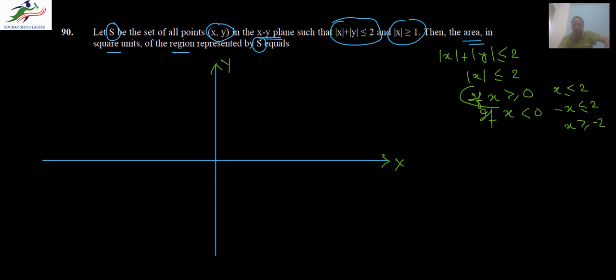So therefore, in case of moduluses, there are always two cases or two possibilities.